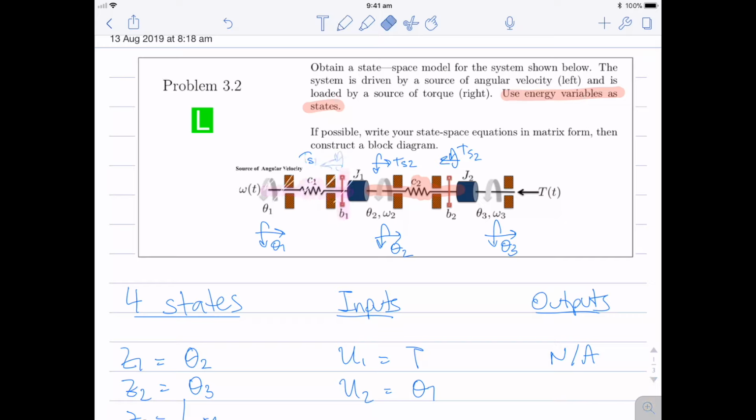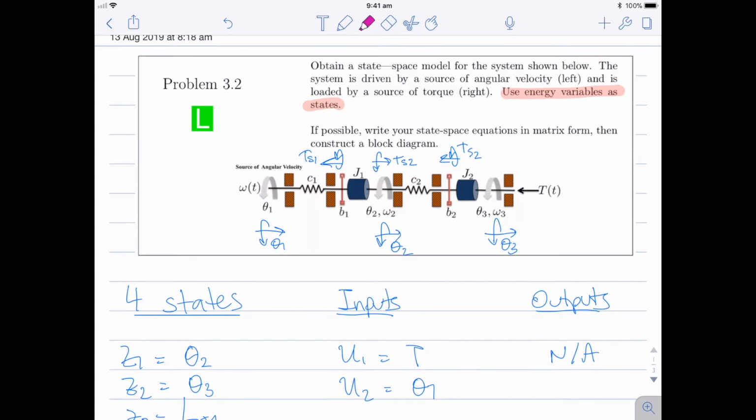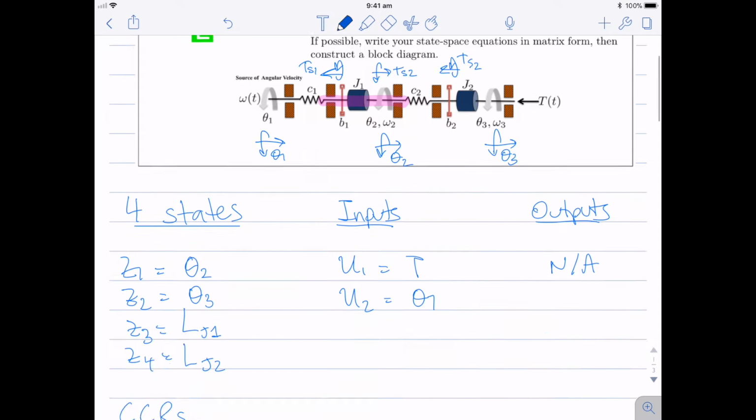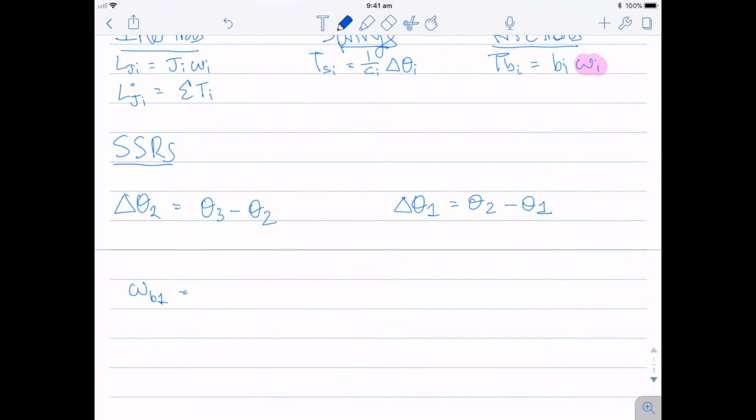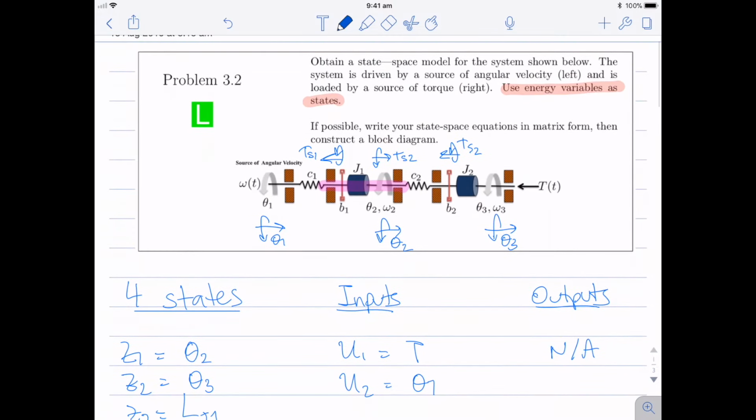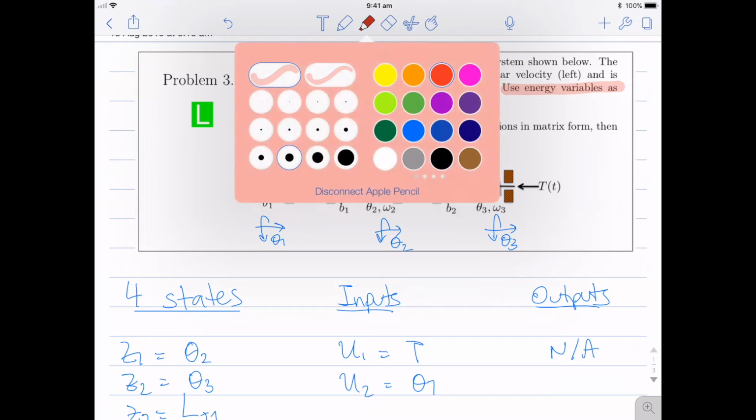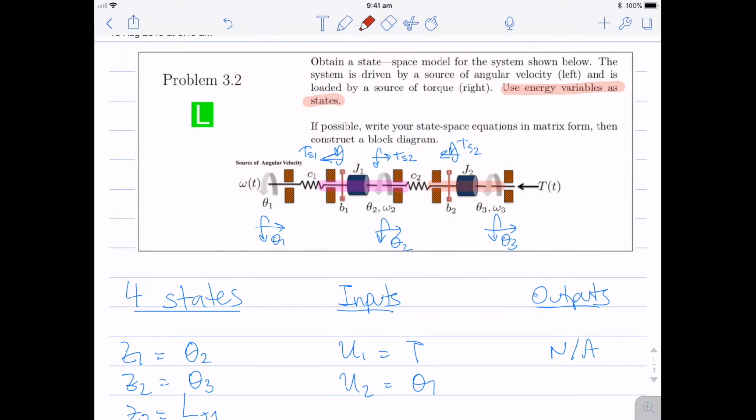So if you like, I'll colour in that shaft. It's everything which is on this shaft, which is travelling at omega 2. And omega for B2, by the same kind of thought process, well, the friction for B2 is attached to this shaft, which is travelling at omega 3.